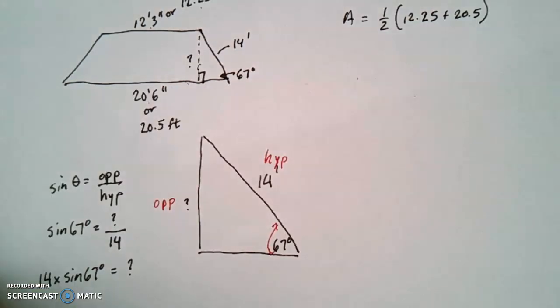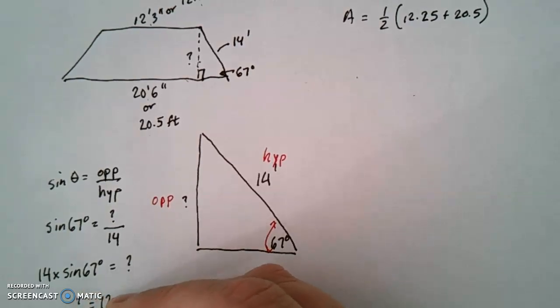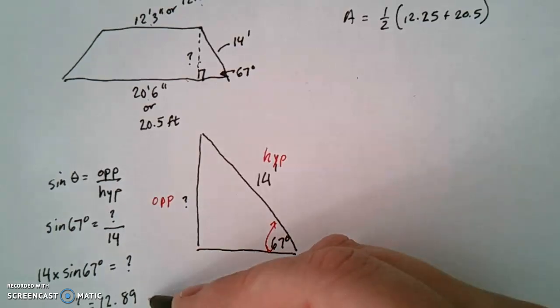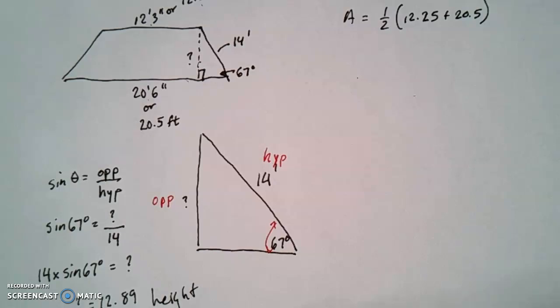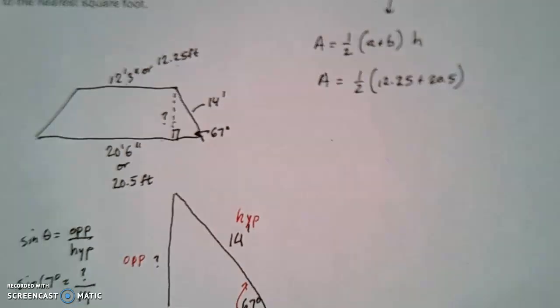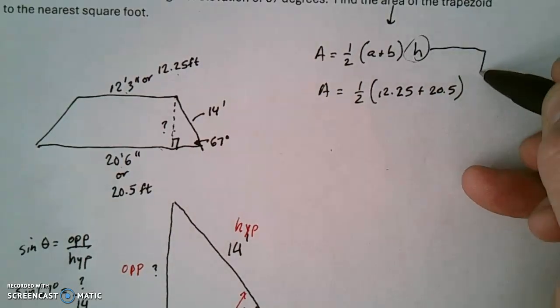Okay, so my unknown is 12.89. That is the height of my trapezoid, 12.89.